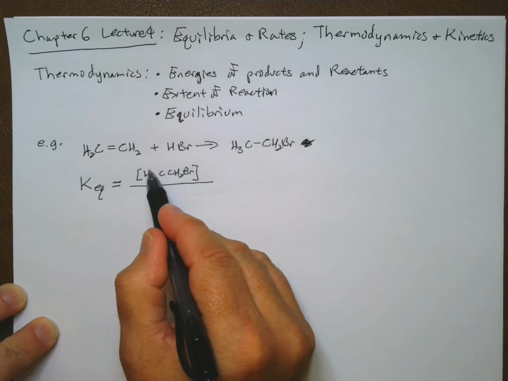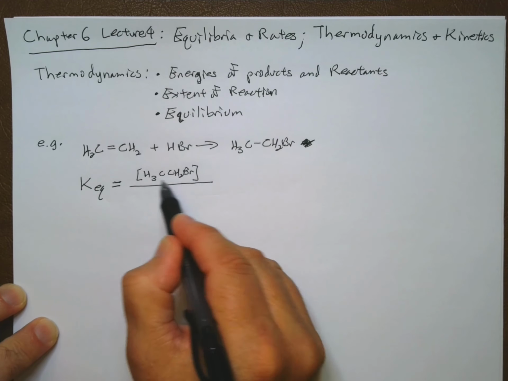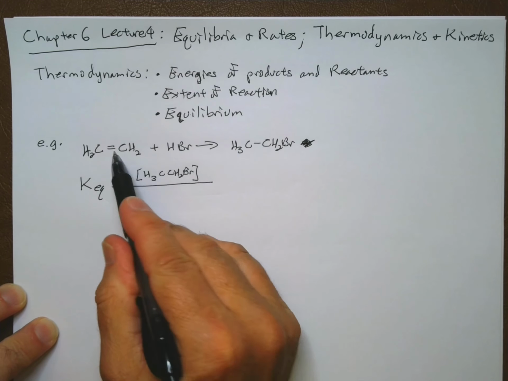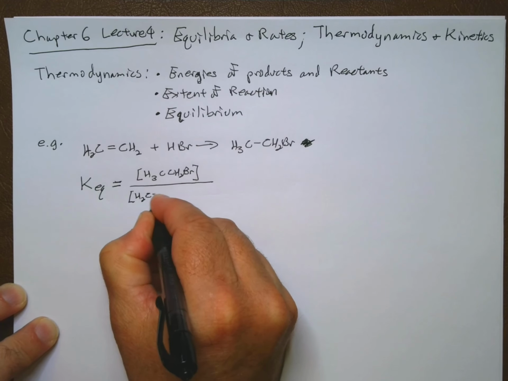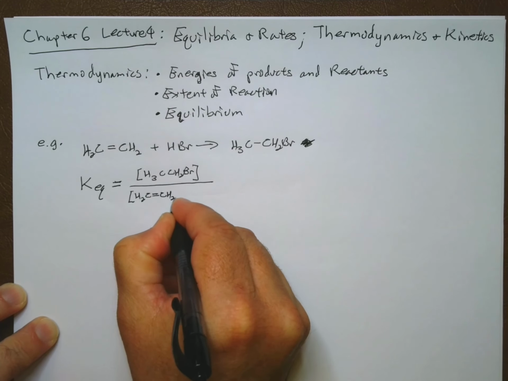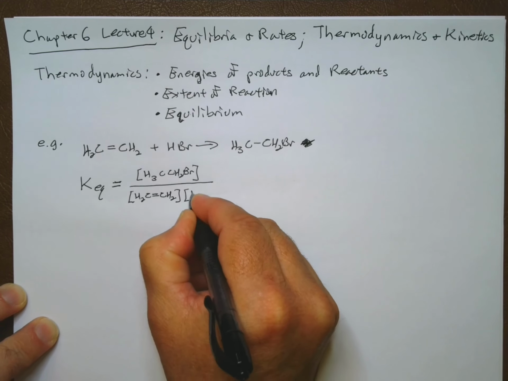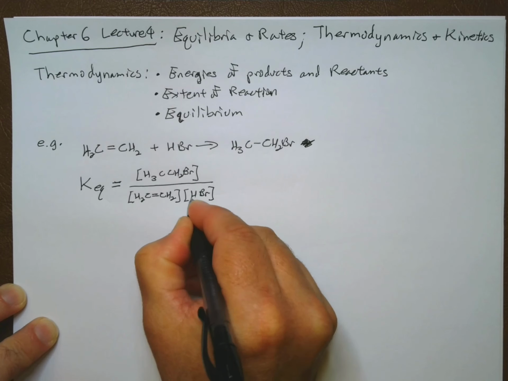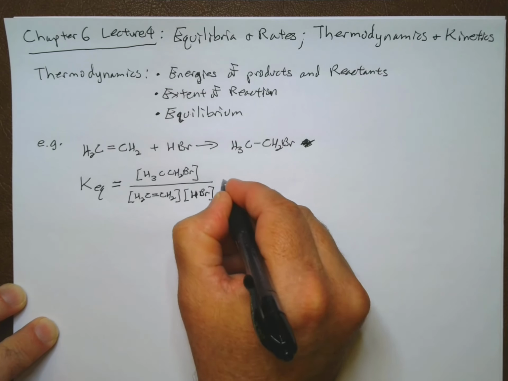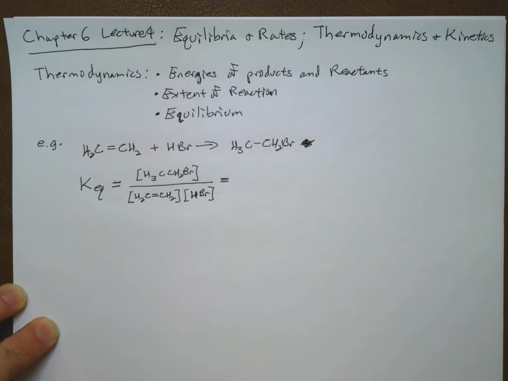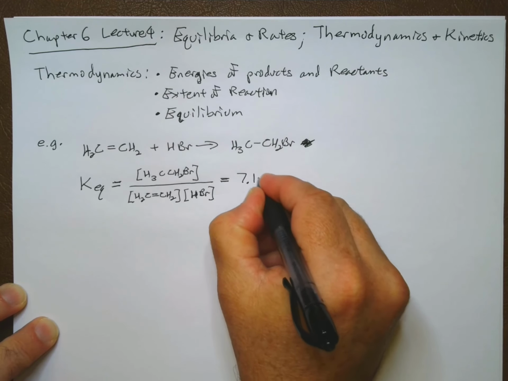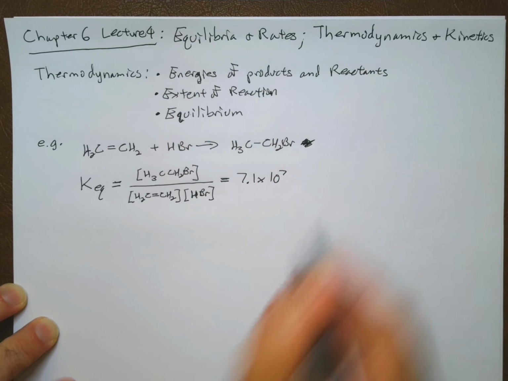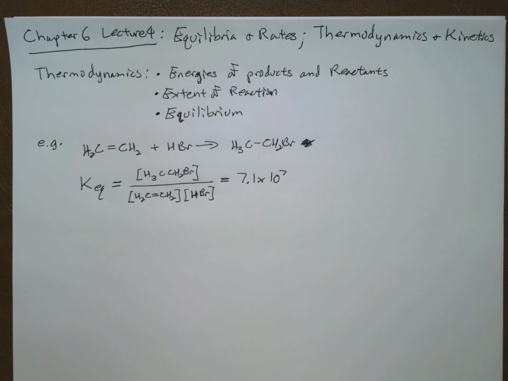So we have concentration of products raised to their powers divided by concentrations of reactants raised to the powers of their coefficients. And at a particular temperature, there's going to be a given equilibrium constant for a given chemical reaction. And in this case, our equilibrium constant is 7.1 times 10 to the 7th.